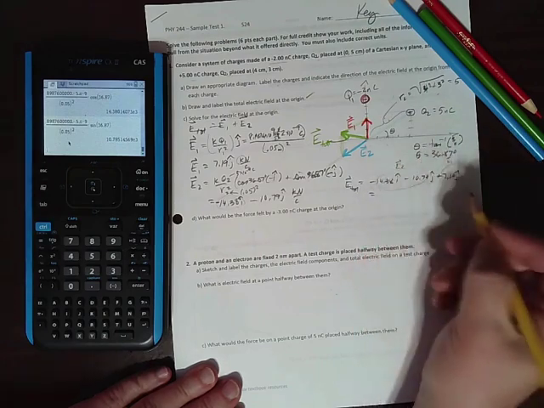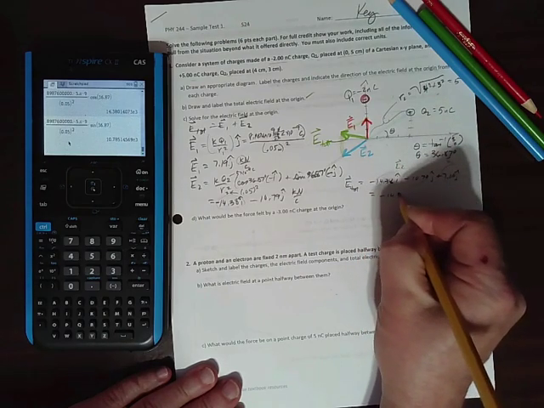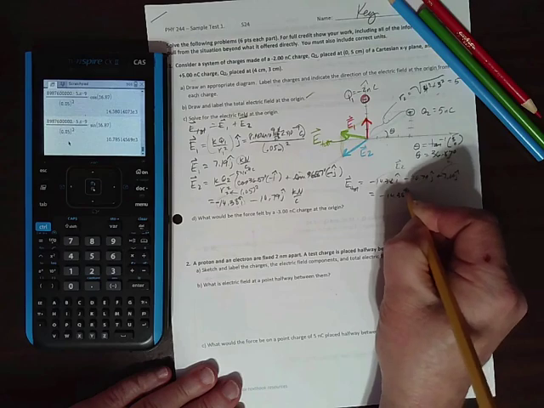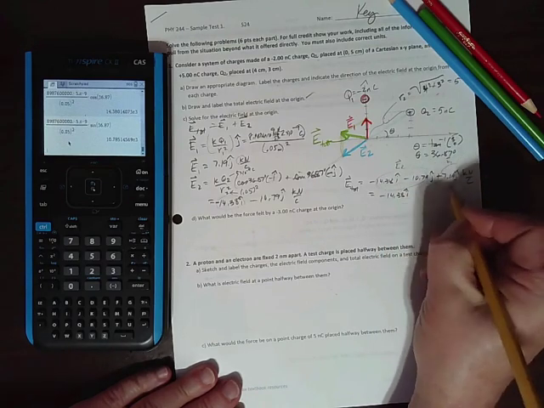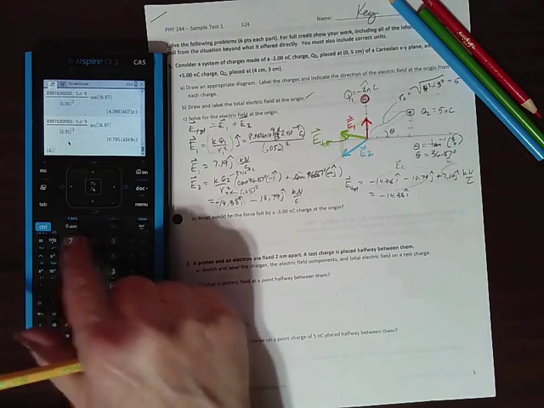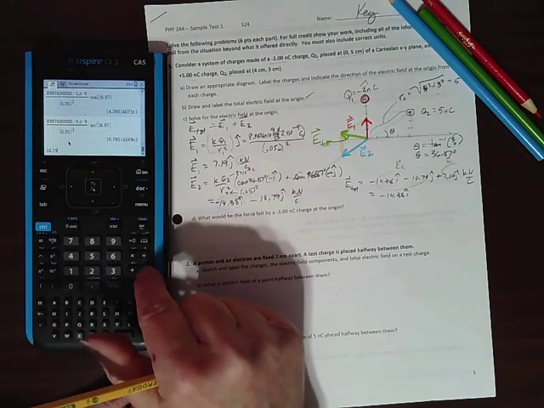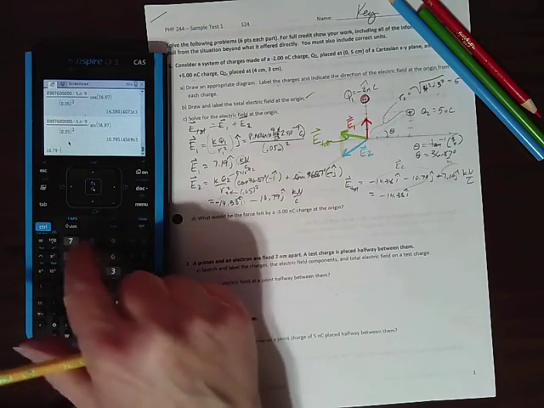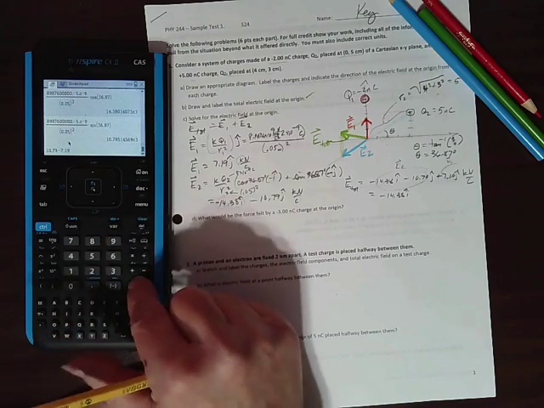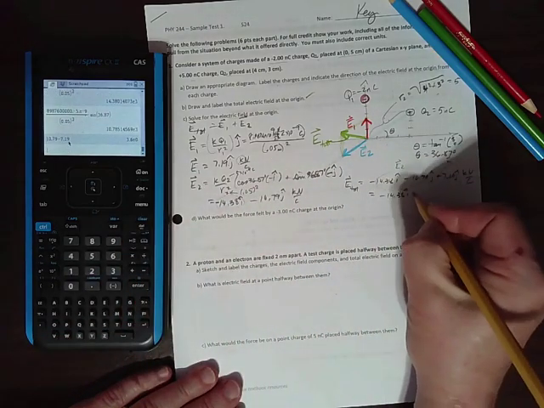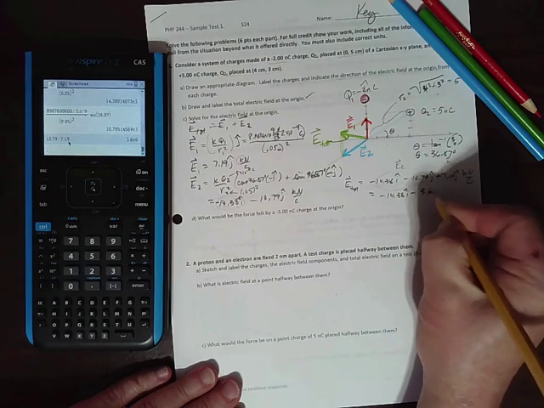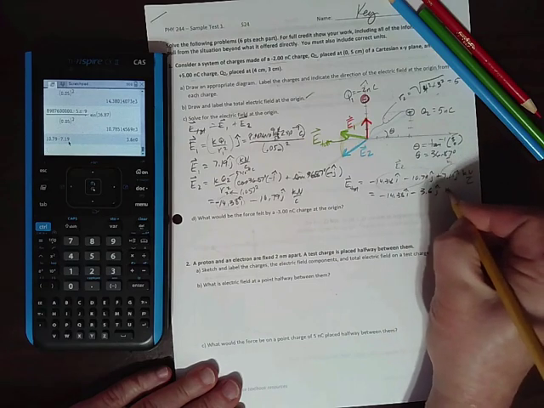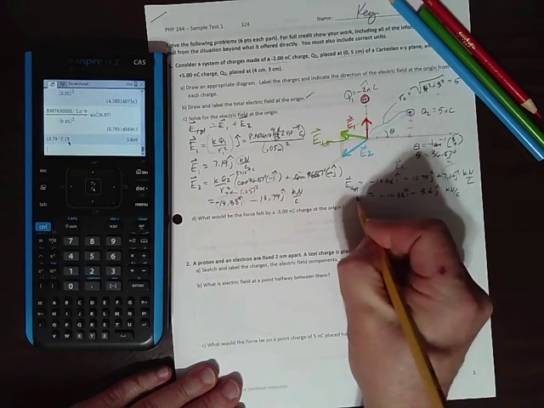Doing it backwards, but anyway, so you get negative 14.38 i hat. This is all still kilonewtons per coulomb. And 10.79 minus 7.19, doing the opposite here since I already got in there. So it's going to be negative 3.6 j hat kilonewtons per coulomb is E total.